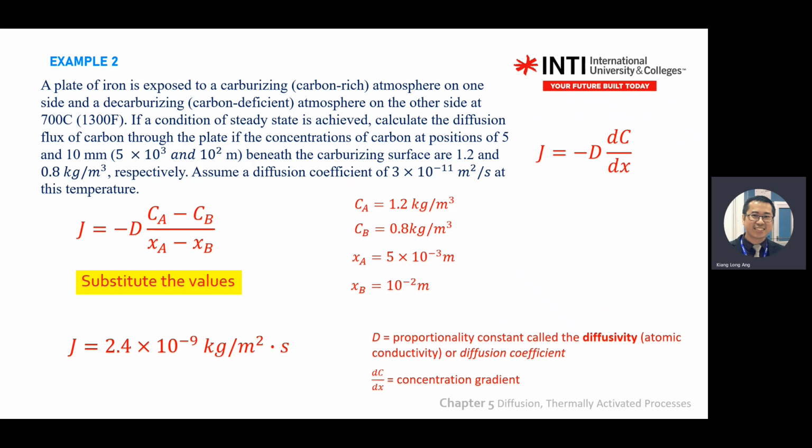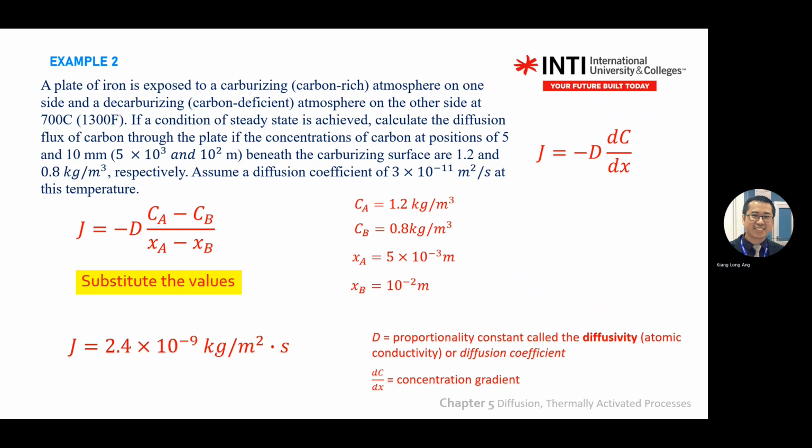The question has a wrong notation. It is -2, not 2. So there's a typo error in the question. It should be 10 power -3. The negative is missing in the question, and this is 10 minus 2.